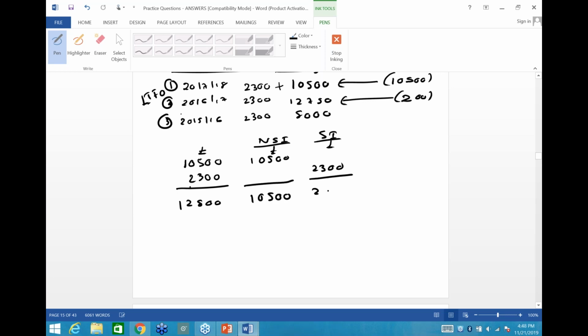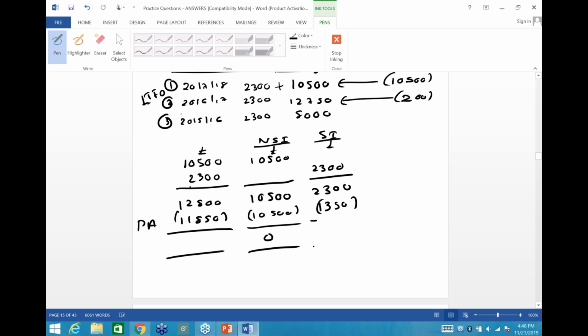10,500, 2,300. Then you have the personal allowance of 11,850. So 10,500, and then here you have 1,350. The balance you can set it off here. Then you get 0.